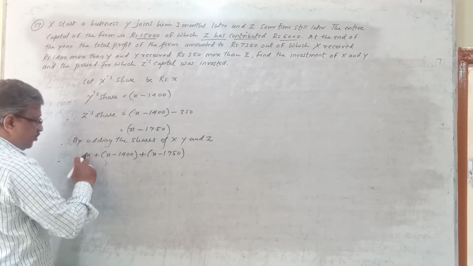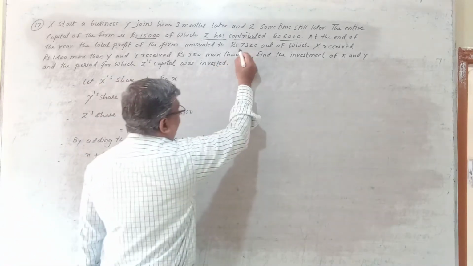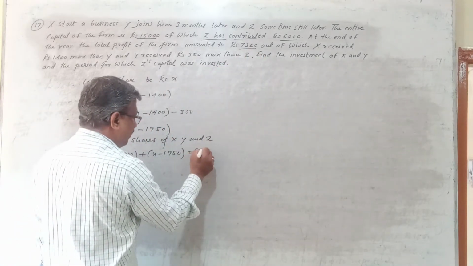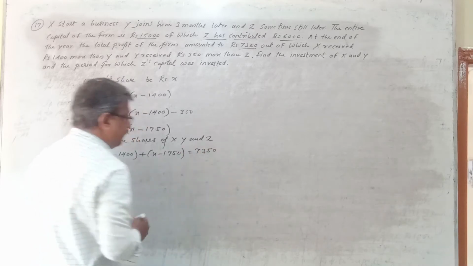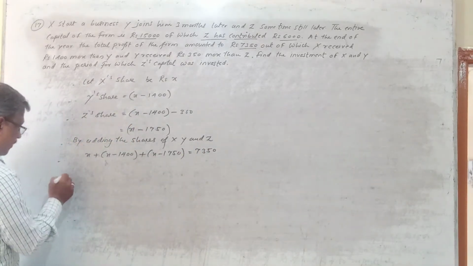So if you add X's share, Y's share and Z's share, we have to get the total profit of the company. How much is it? 7350 rupees. Now solve this equation.